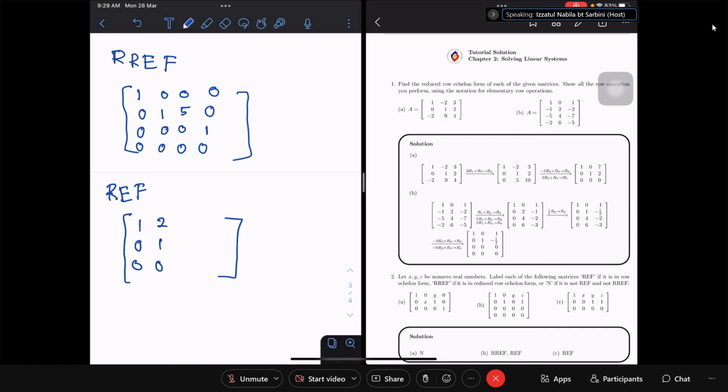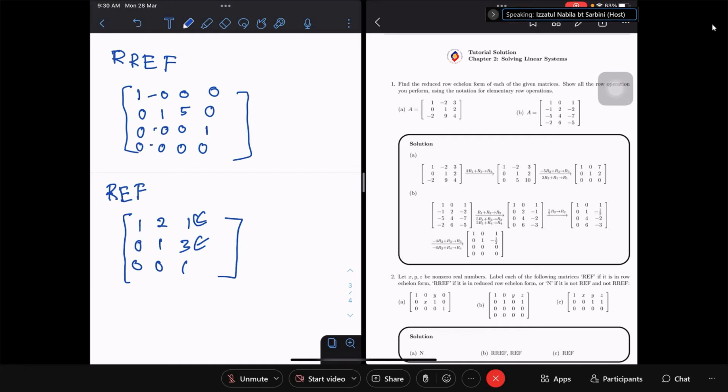Kalau reduced REF, yes, everything with the same column with the leading one have to be 0. That is RREF. Kalau REF tak perlu. Contoh ini 3, ini 1, ini 1. See? This is REF. You don't have to zero out the same values of any numbers of the same column with the leading one. That is REF.